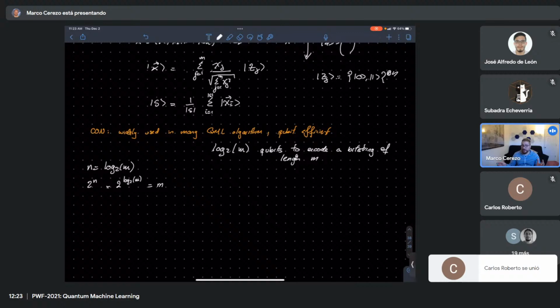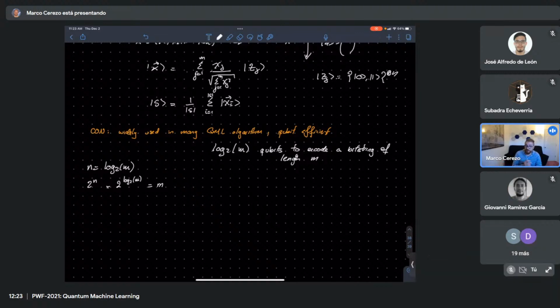This is the main idea of why people thought you could use this encoding for getting a quantum speedup, because an algorithm with a runtime of O(poly n) becomes O(poly log m). It's a polynomial of logarithms in the size of m, which is usually what we want for trying to get a quantum speedup, right?